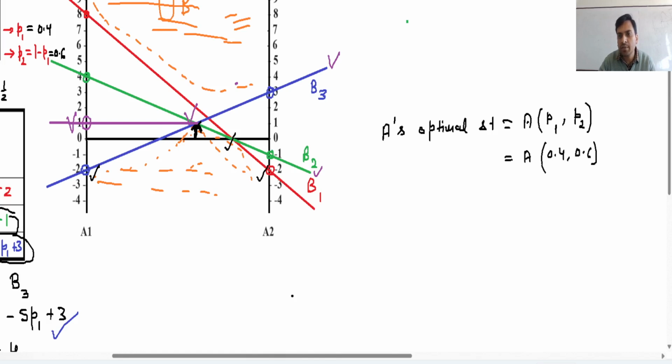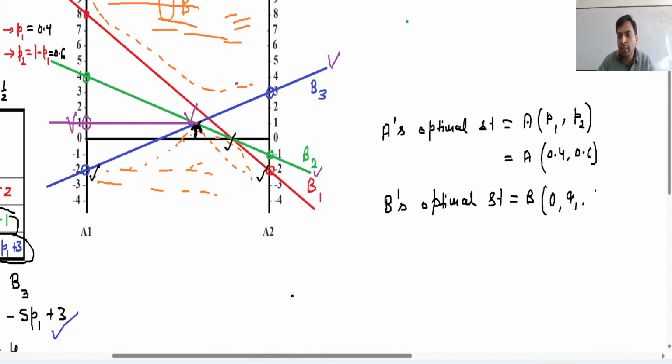And B's optimal strategy: there are 3 strategies, but we are not opting for the first one, that's why this is 0.